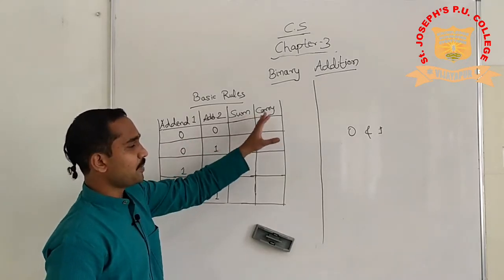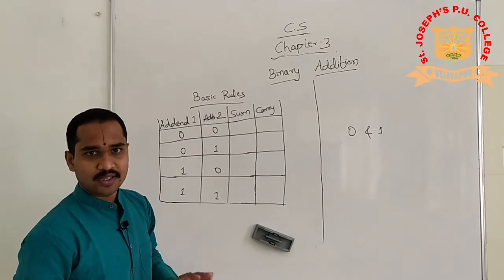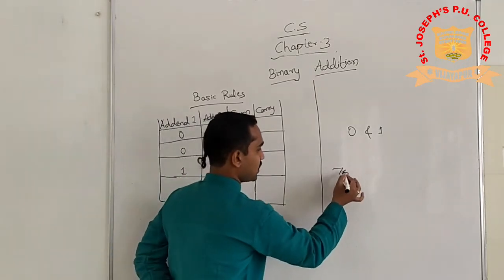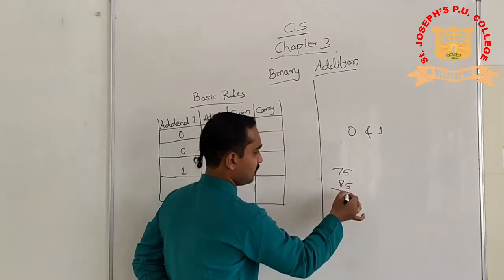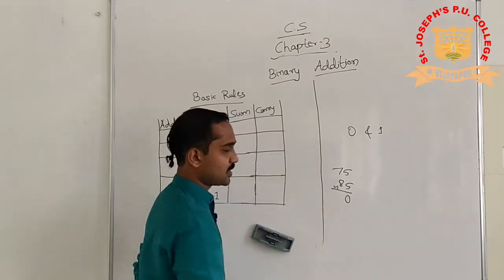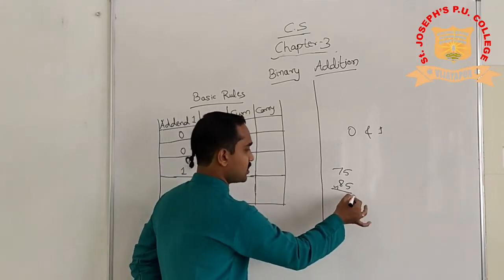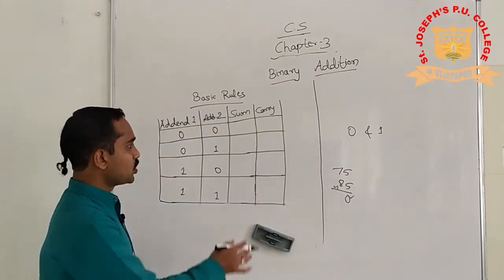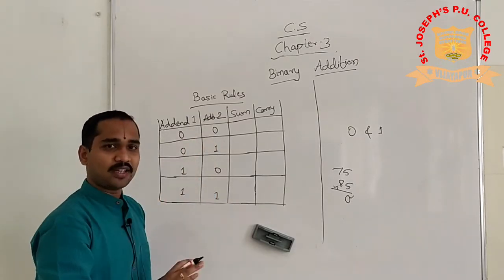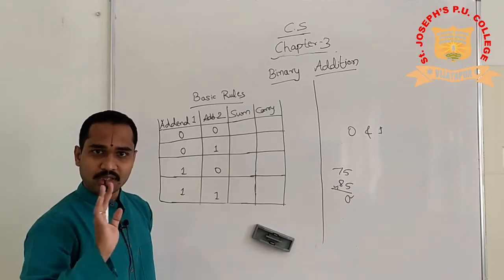Each will have one sum and carry. As I said, when you do 75 plus 85, 5 plus 5 gives 0 and 1. What do you call this? This is carry and this is sum, isn't it? So whenever you add two numbers, you always get a sum and a carry.